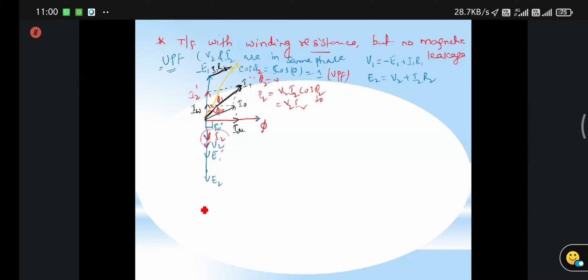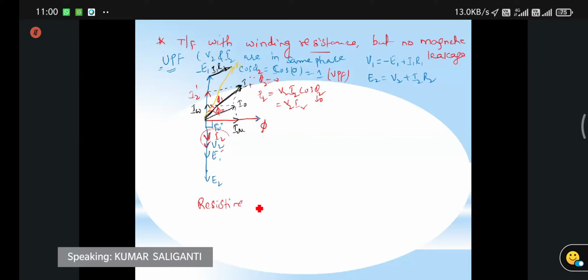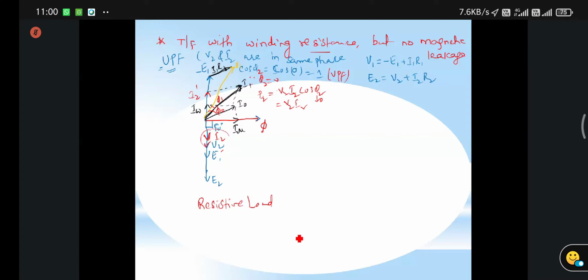This is a purely resistive load. So here the I2 dash is nothing but K into I2.